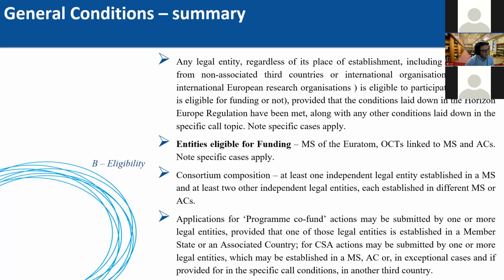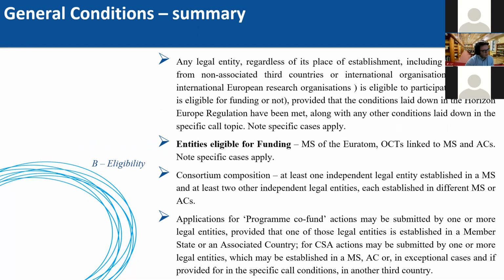Entities eligible for funding have to be member states of the Euratom framework. They also have to be associated countries, and there are, of course, specific conditions to be able to receive funds.